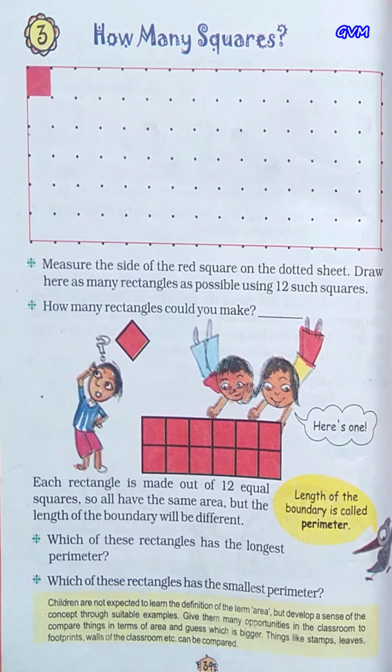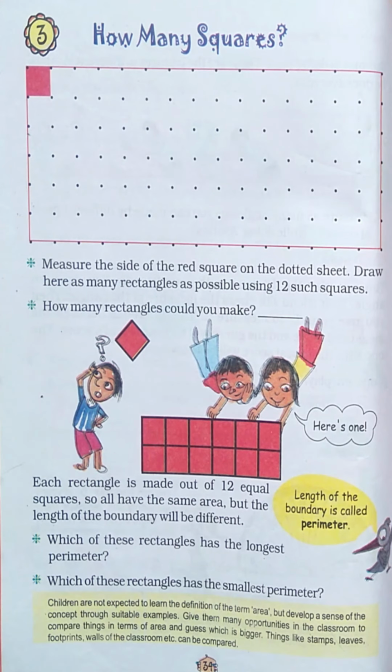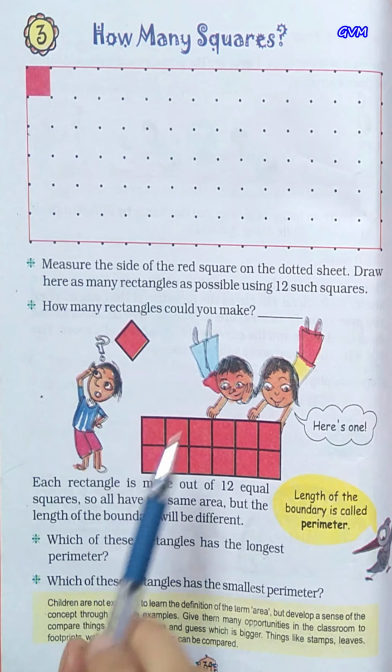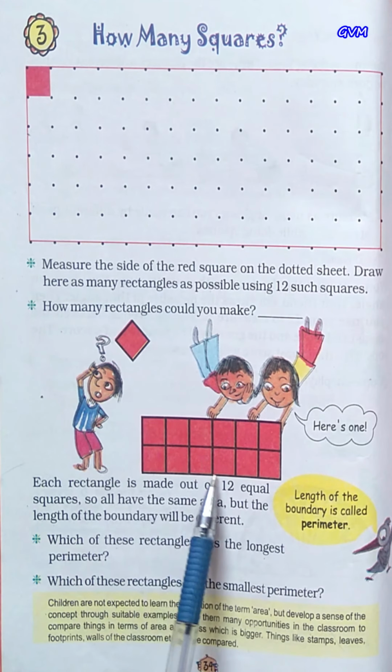And next we are asked how many rectangles you could make. So we can make many rectangles from it. You can do this activity in your notebook if you want. Now here you can see that these are 12 squares and this is also forming a rectangle.